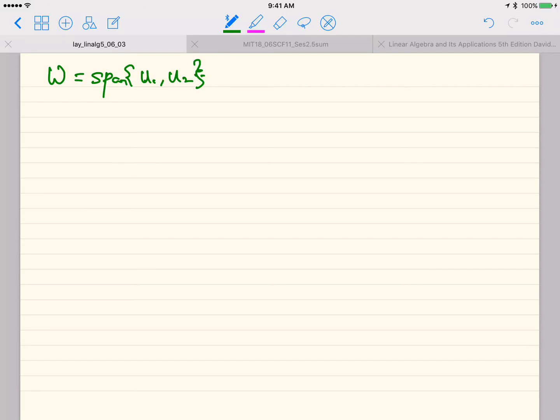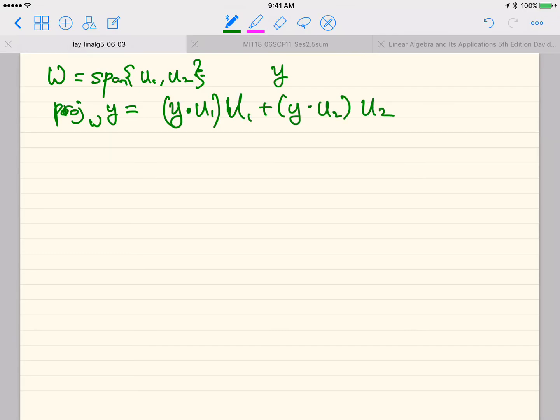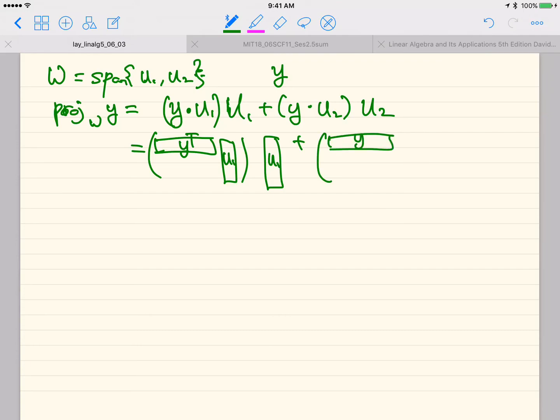Given a vector y, you can compute the projection of y onto this subspace W as the inner product of y with U1 times U1, plus the inner product of y with U2 times U2. So this is y transpose U1, which altogether becomes a scalar, and then we have U1, and also y transpose U2 and U2.